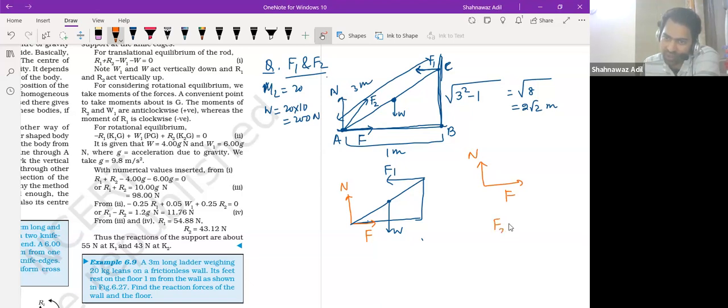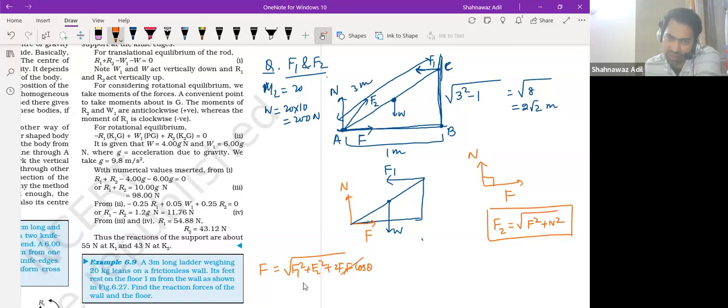That would be, let's say F2, that would be the square root of F square plus N square. Is that correct? Yes, sir. Right? Because these are perpendicular. So what is the resultant of two forces? Resultant is the square root of F1 square plus F2 square plus 2 F1 F2 cos theta. Theta between them is 90 degrees, so this term cancels, and this would be simply this one.